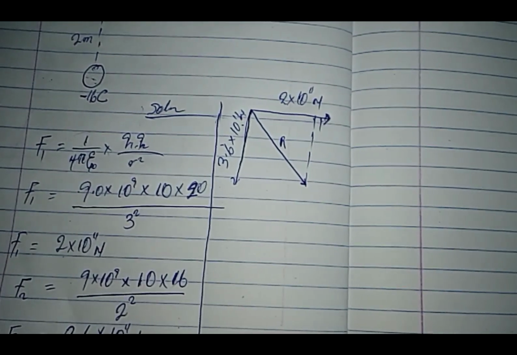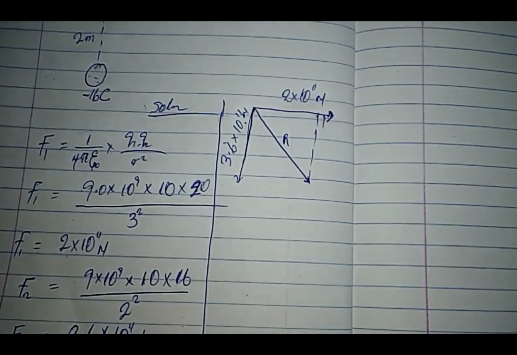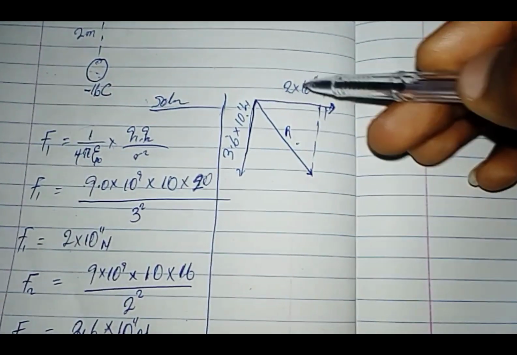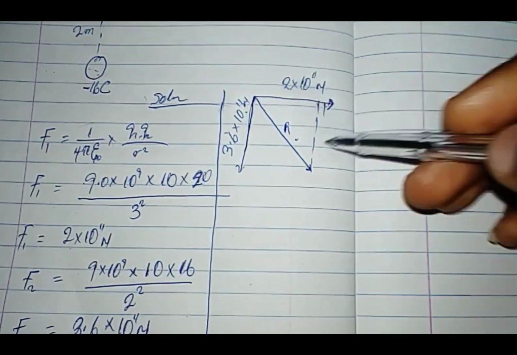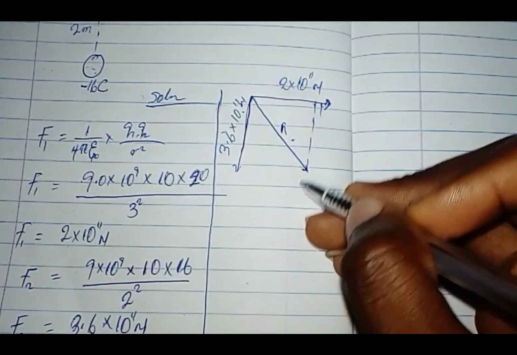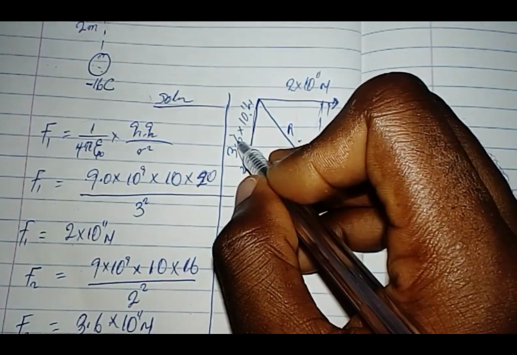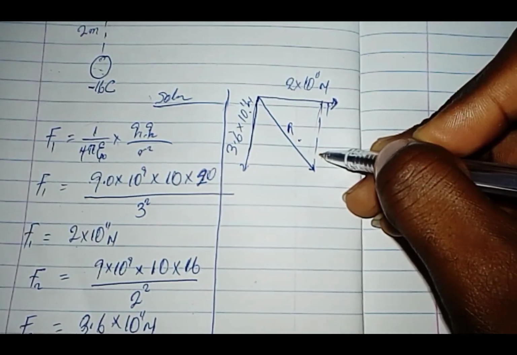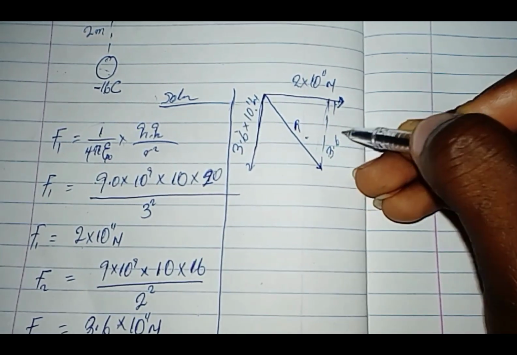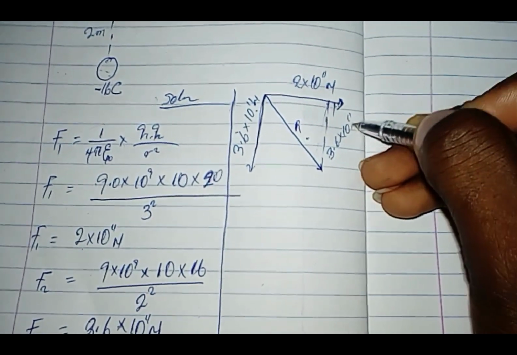In looking for this force, we use the Pythagoras theorem that says the square of the hypotenuse is equal to the sum of the squares of the two adjacent sides, where you know that this is the y-axis, corresponding to this. So this line is equal to 3.6 times 10 raised to the power of 11 newtons.